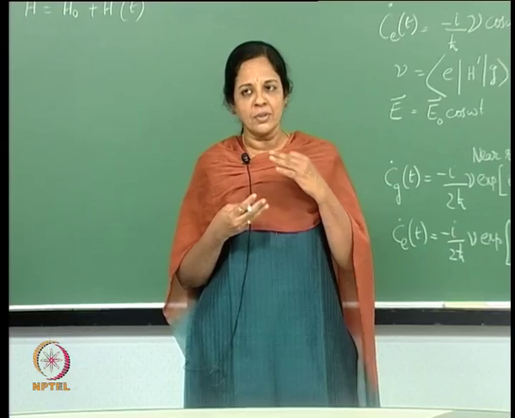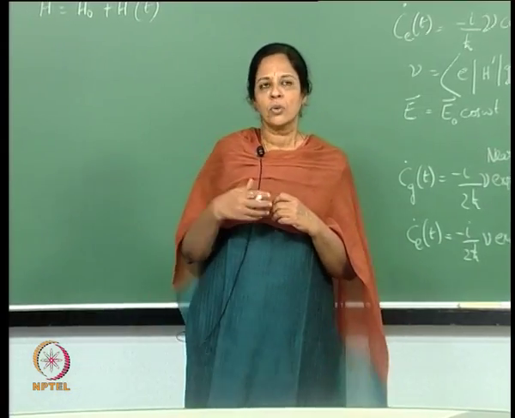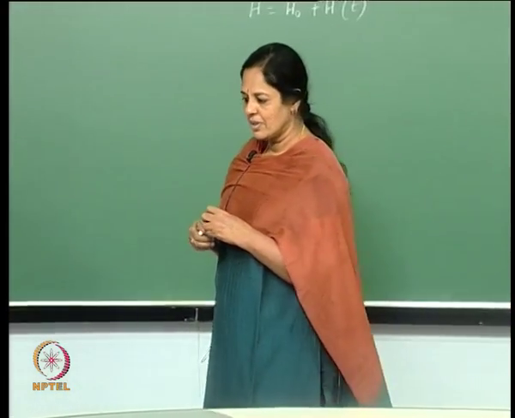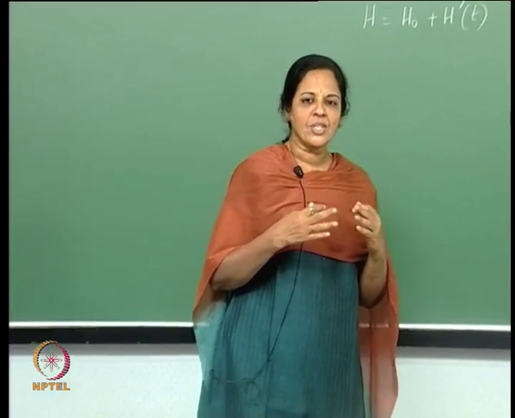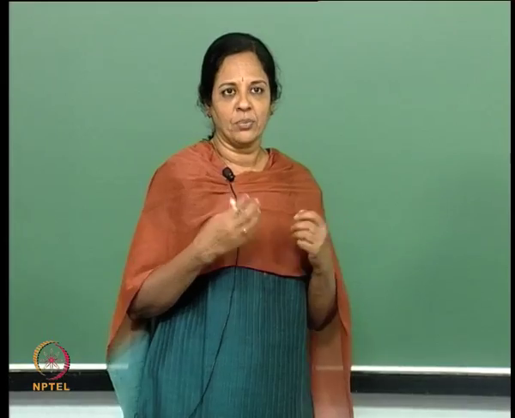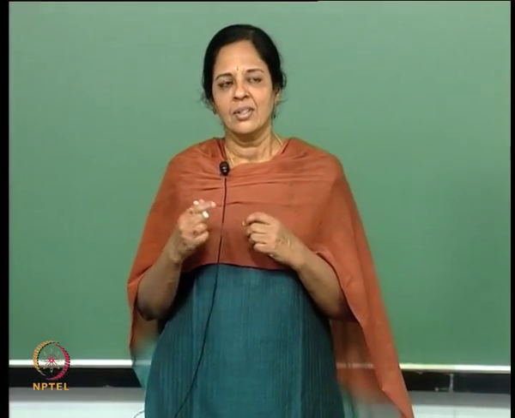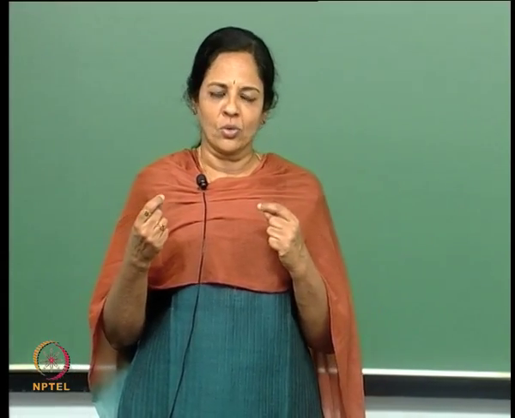The magic numbers in the shell model are explained pretty reasonably, provided you do not go to higher magic numbers. The lower ones like 2, 8, 20, etc. are explained very well and justified, provided we introduce the spin orbit coupling term in the Hamiltonian.